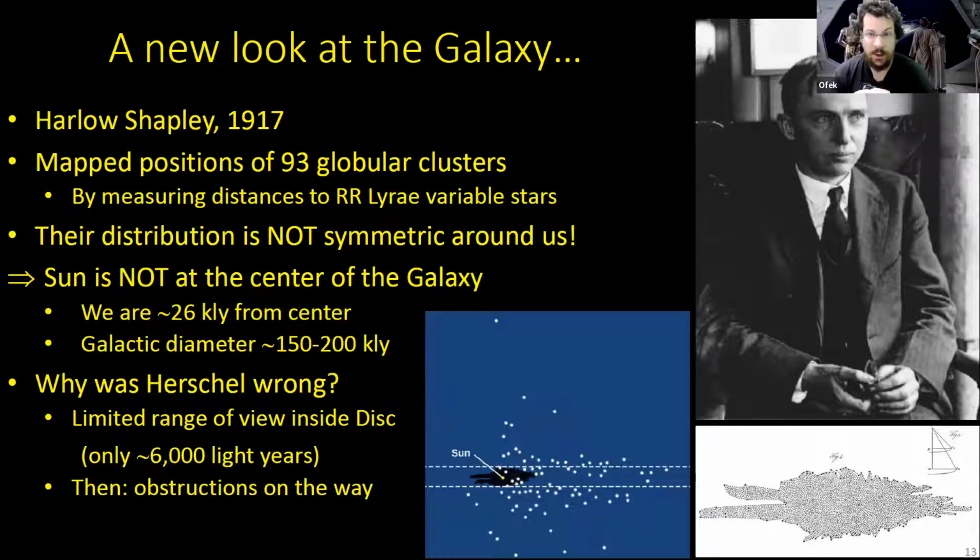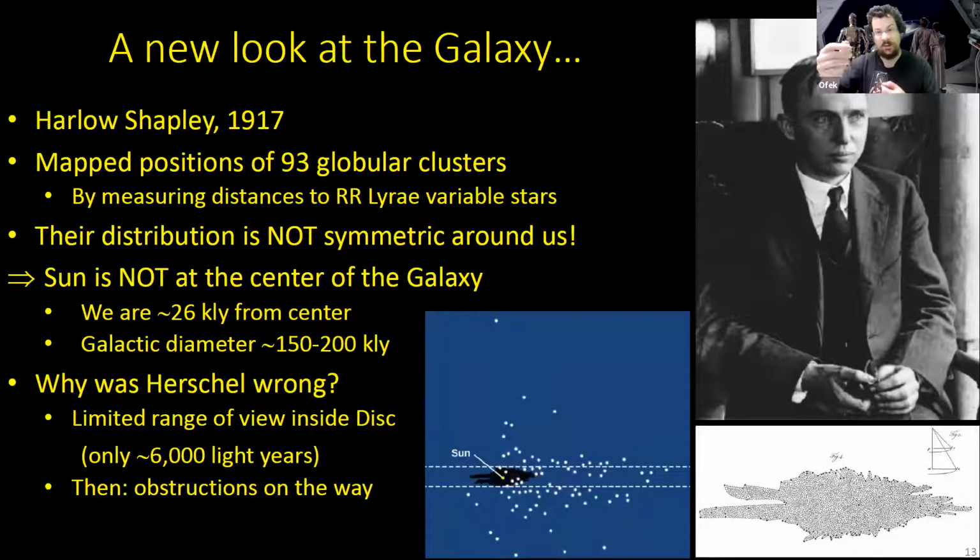And again, while the stars in our vicinity appear to be symmetric around us on the galactic plane, the globular clusters we can see much more far away and off of the galactic plane, and then we see that the symmetry is broken, and we can infer the real position of the center of the Milky Way, which today we estimate at about 26,000 light years away from us, about 8 kiloparsecs away from us.